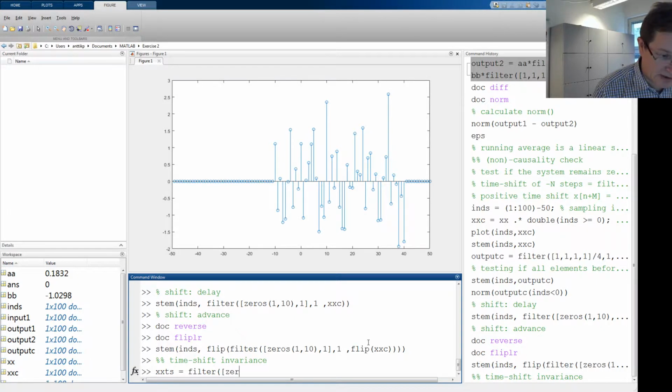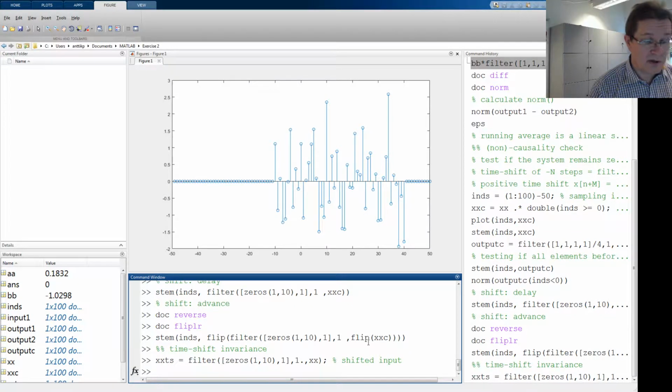Let's move it in time, for example by 10 time steps. Like that one. Shifted input, and then we run this one to the output.